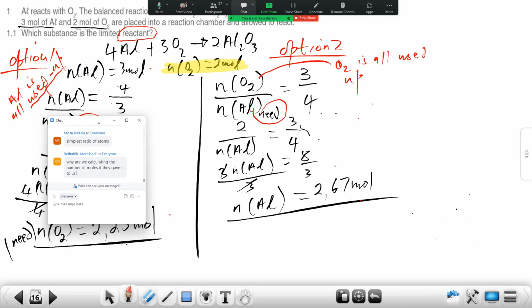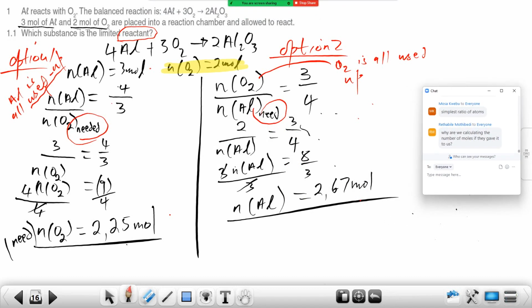So basically, let me put this here. This here is our initial number of moles. This is the beginning number of moles that we have. So why do we need to calculate the other number of moles?